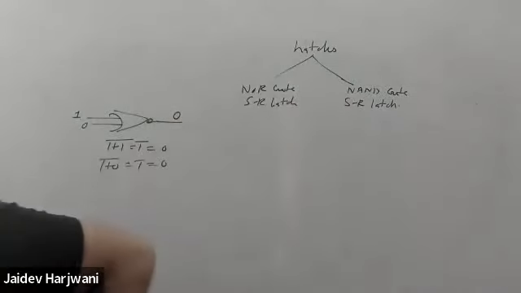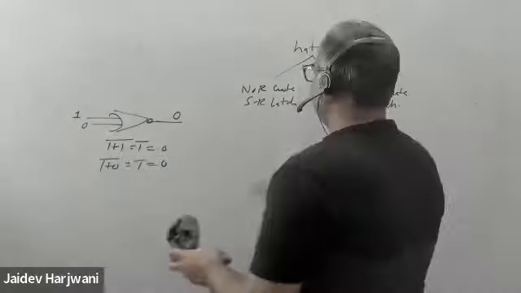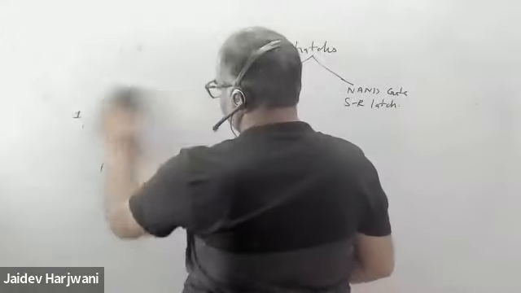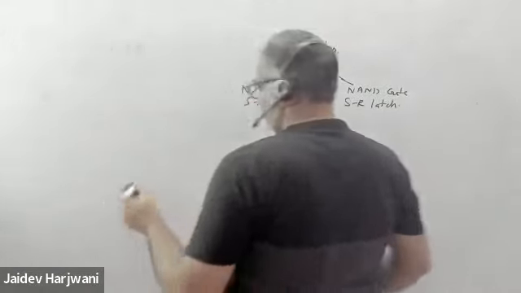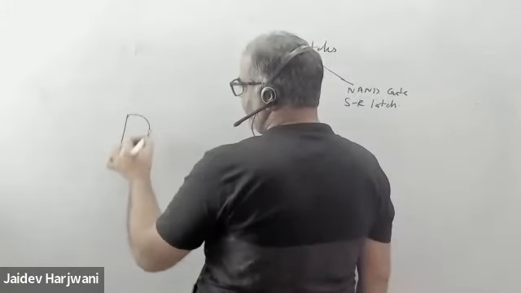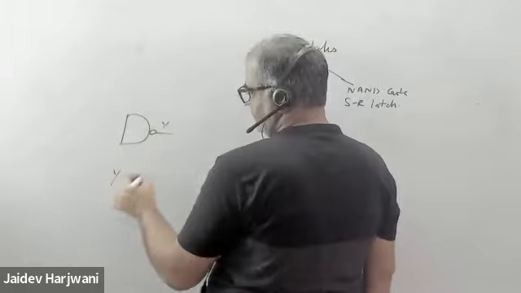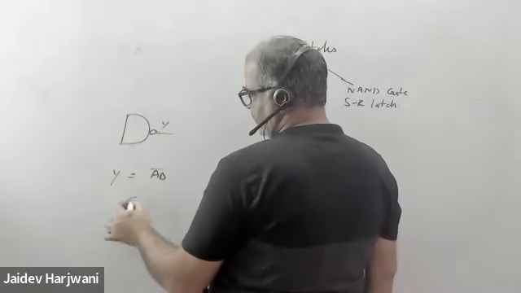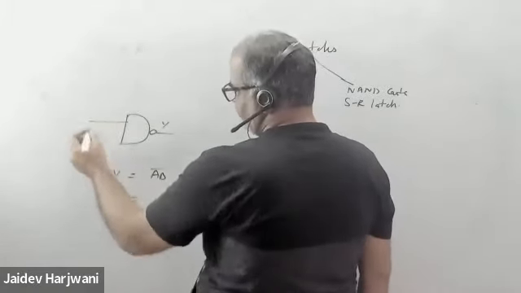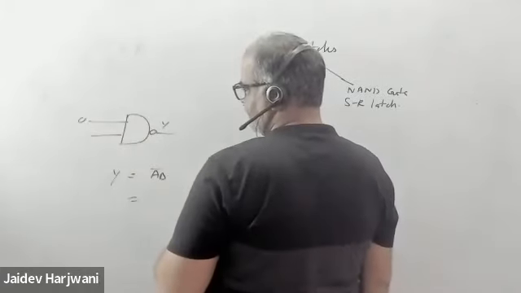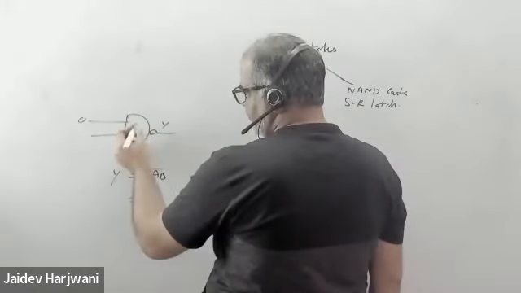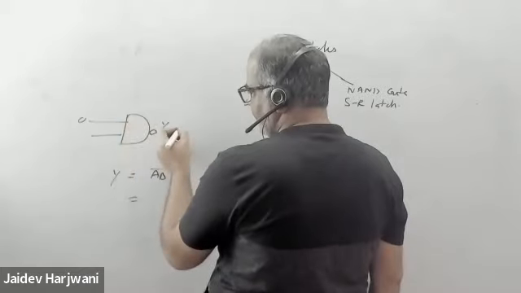Now let me make your SR latch. Similarly we'll discuss the NAND gate also. In a NAND gate, your output Y is basically (AB) bar. If one input is 0, this will automatically make the whole product 0, and your output will become 1.